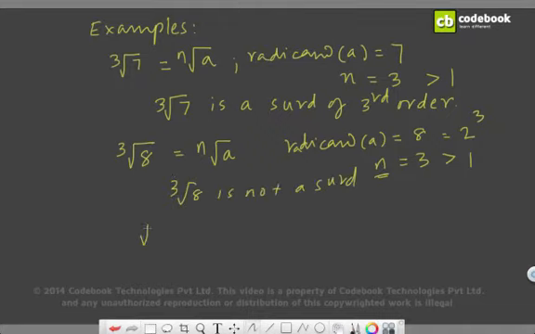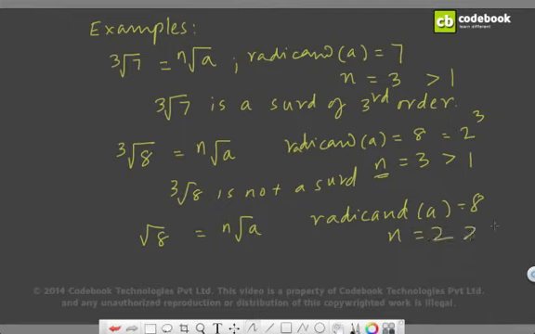Whereas square root of 8, which again is in the form of nth root a, where radicand a is 8, n is 2, n is a positive integer greater than 1, a is a positive rational number, which is 8, but 8 cannot be expressed as the square of another rational number.